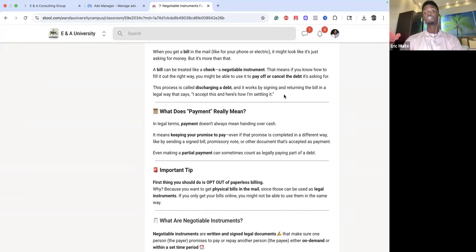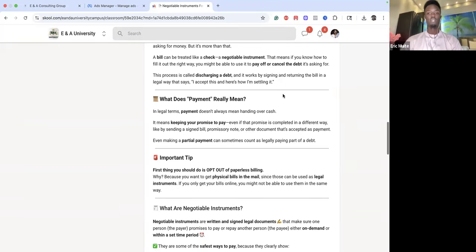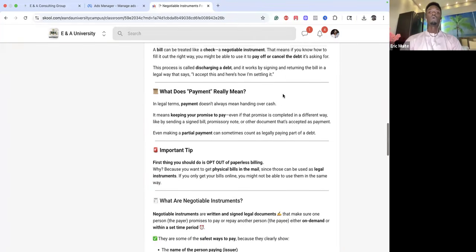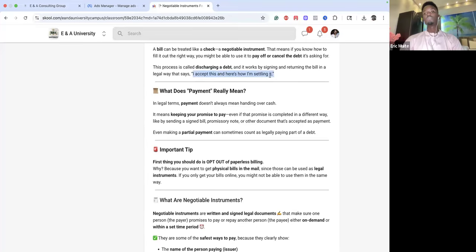This process is called discharging a debt, and it works by signing and returning it in a legal way that says, I accept this, and here's how I'm settling it, right? And so we're not saying this is what you need to say. These are examples. I'm going to walk you through later on specifically what the law says you should be writing on those instruments to be able to offset the debt.